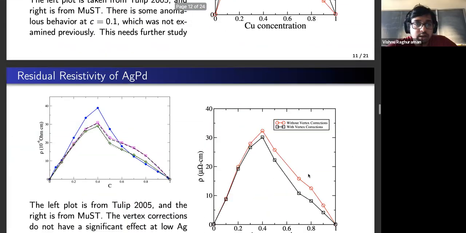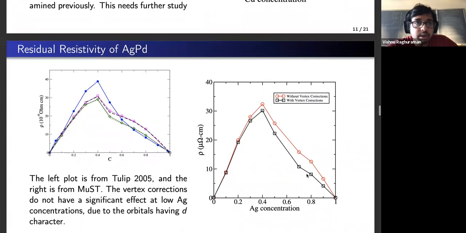If we go a few slides later and look at silver palladium at low silver concentration, the red plot is without vertex corrections, the black one is with vertex corrections. At this end, I think there's mostly D character for the bands at the Fermi energy, and vertex corrections are not that important.